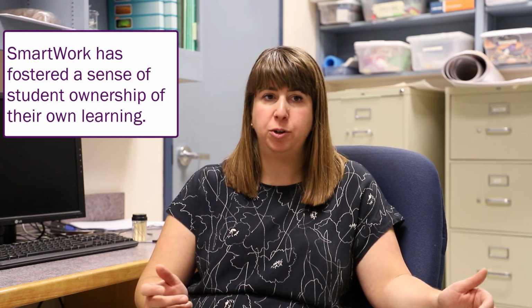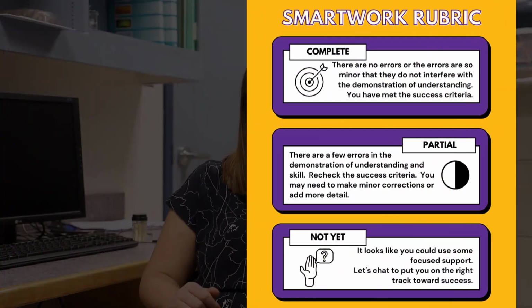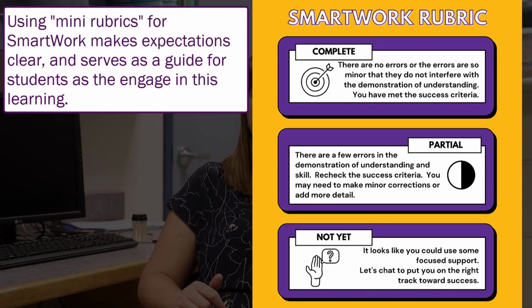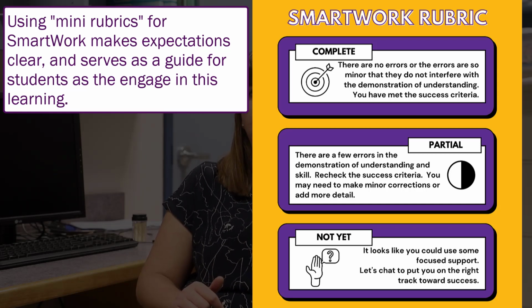I think my students have bought in that they need to put in this work to do well in Bio 20, and I think that they're feeling like, oh, hey, if I complete this work in class, I can do better, studying is easier. I also really like using the little mini rubrics of complete, partial, not at all, and I try to make it really clear what they need to include.